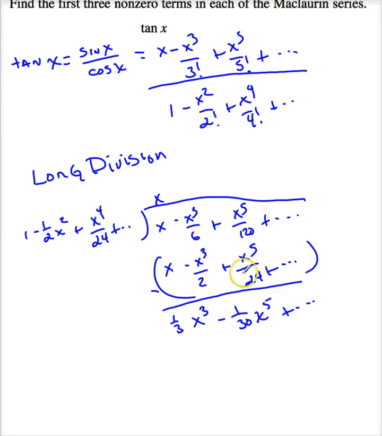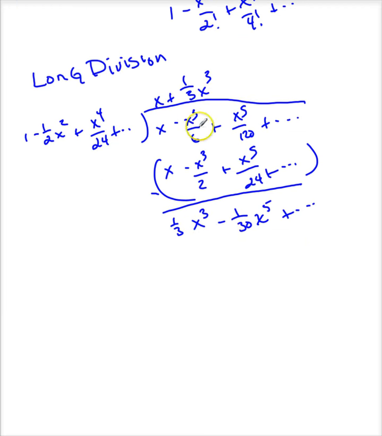All right. So what do I need here? So now I need to multiply by plus 1/3 x cubed. Let me give myself a little room here. So this is 1/3 x cubed minus x to the fifth over 6. Now I subtract all of this.